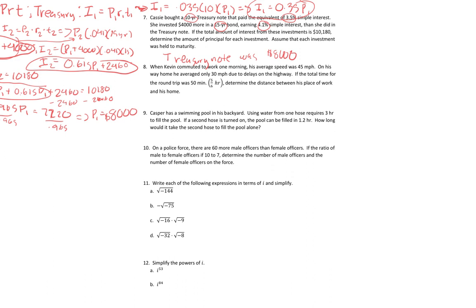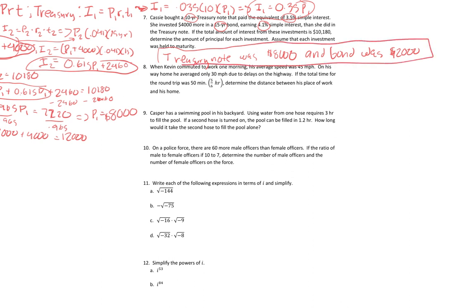So then we can just say our P2 is equal to 8,000 plus 4,000, which gives 12,000. So then we can say treasury note was 8,000 and bond was 12,000.